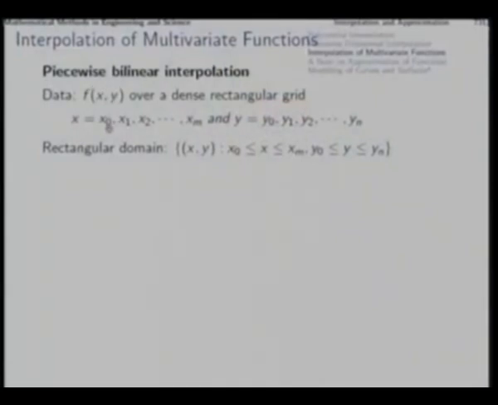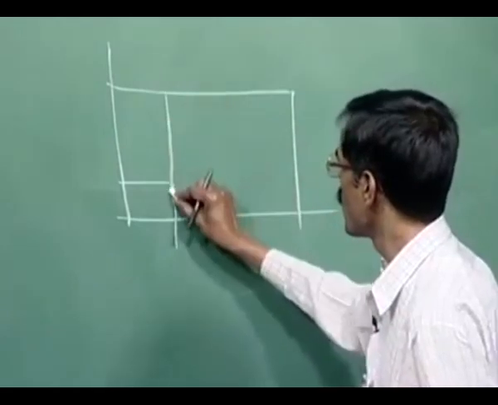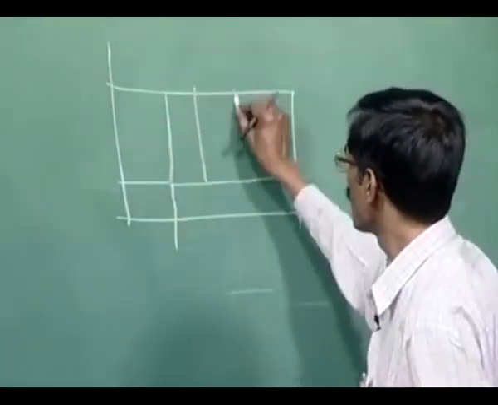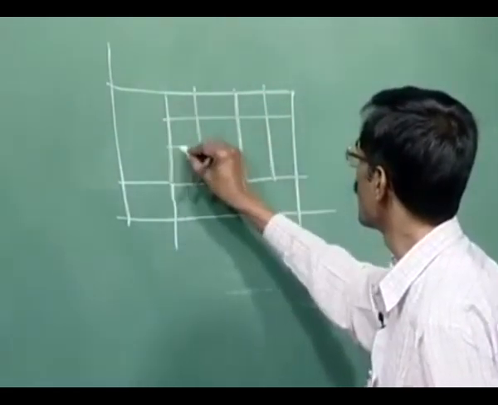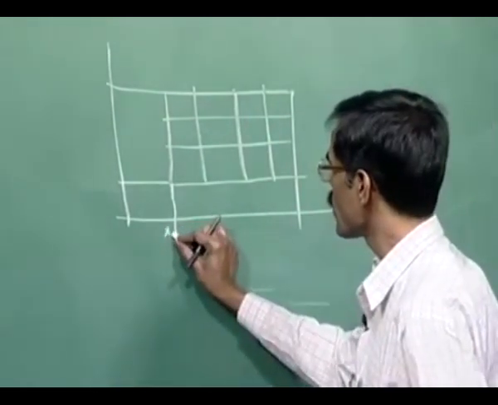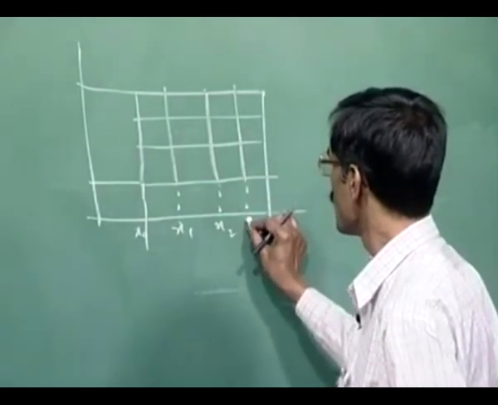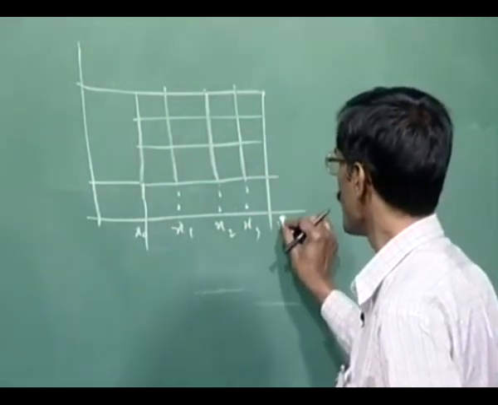For piecewise bilinear interpolation we have the domain structured in the form of a rectangular grid, right. So, we will typically have x0, x1, x2, x3, x4 and so on.